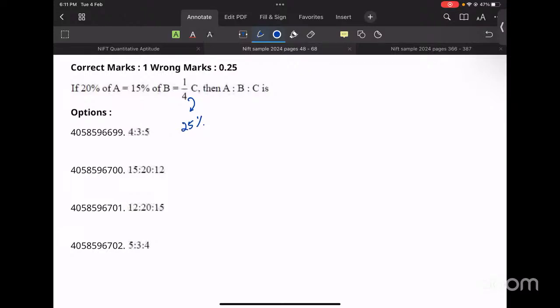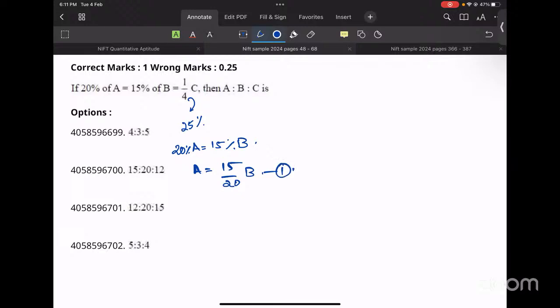Now we can solve. 20% of A equals 15% of B. So A is equal to 15 by 20 of B. One statement is ready.